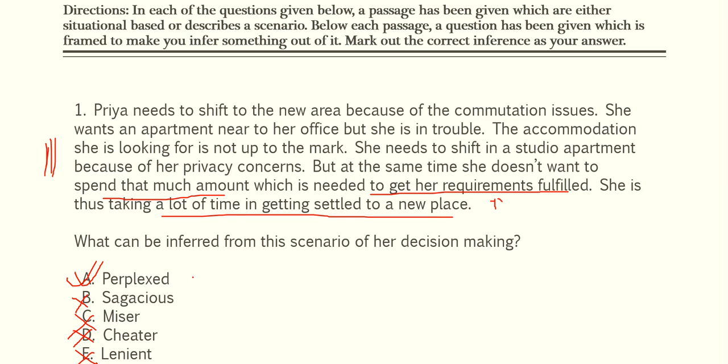But the thing is that she's thinking a lot about the migration, right? She's getting confused over and over again, overthinking, and she's unable to take proper decisions because of financial issues, right? She may be facing financial issues, and that is why she is proving to be a perplexed or confused person. Got it? Hope you have understood this one.